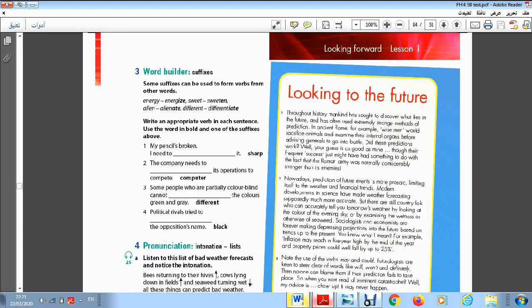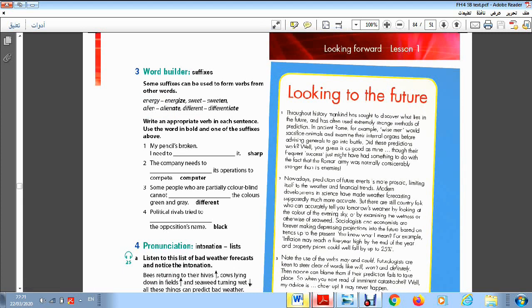I give you 1 minute to ponder over these sentences and try to figure out how we make verbs. Are you ready now?